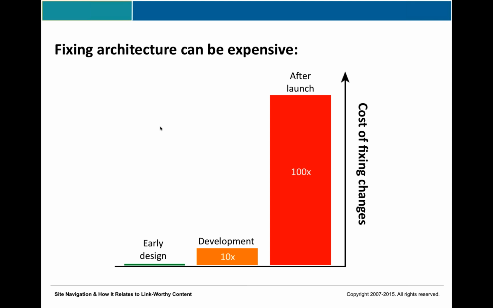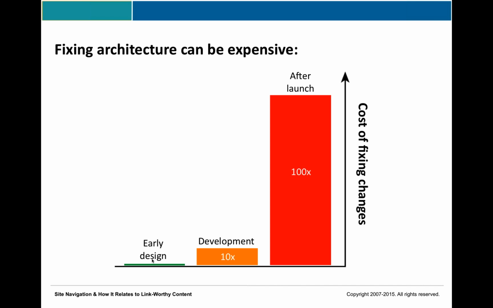So this is what happens if you don't address architecture. As Nielsen said, 77% of task completion failures is due to architecture. If you catch it early in the design phase, as Eric mentioned earlier, with prototypes, you're good as gold.